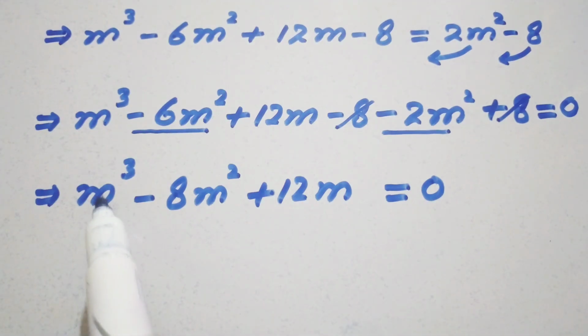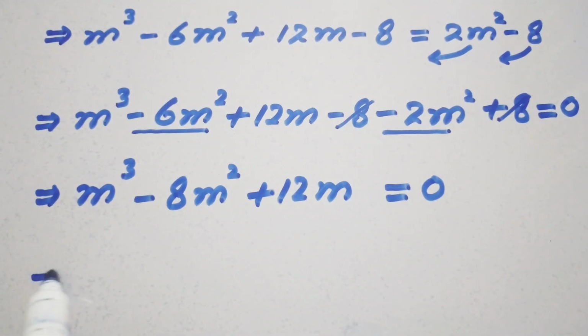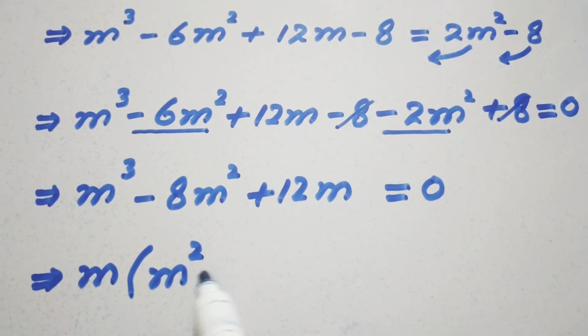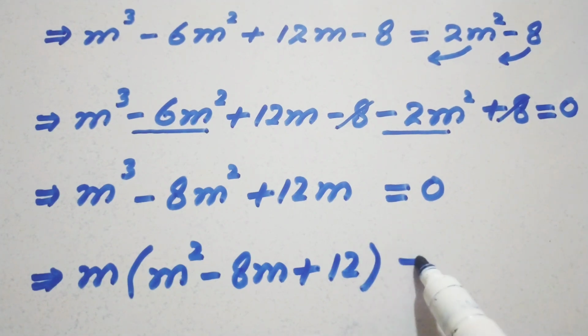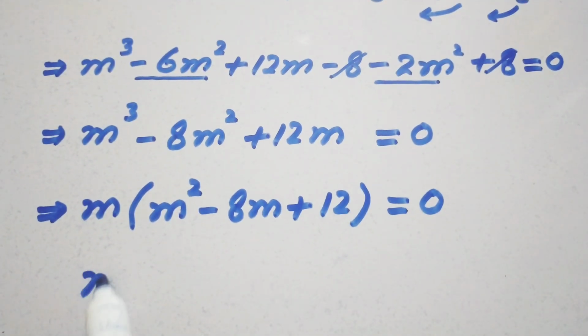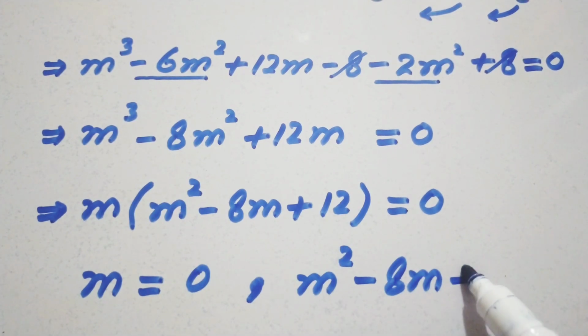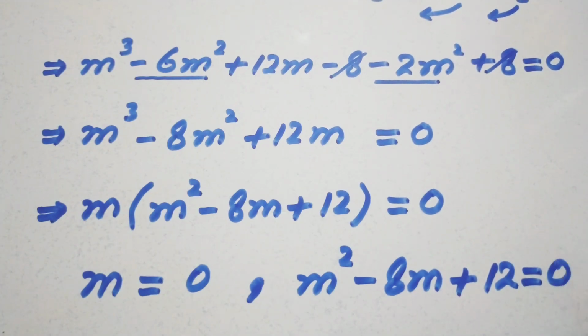So now we have m cube minus 8m squared plus 12m is equal to 0. Now take m as common from left hand side, we get inside m squared minus 8m plus 12 is equal to 0. Now by using zero product rule, we get m is equal to 0, or m squared minus 8m plus 12 is equal to 0.